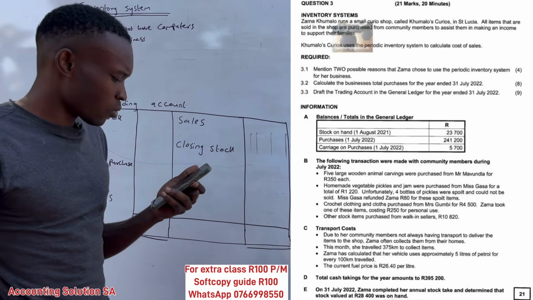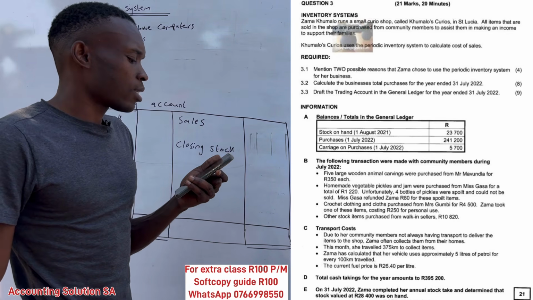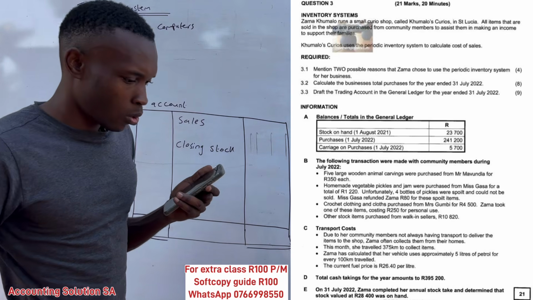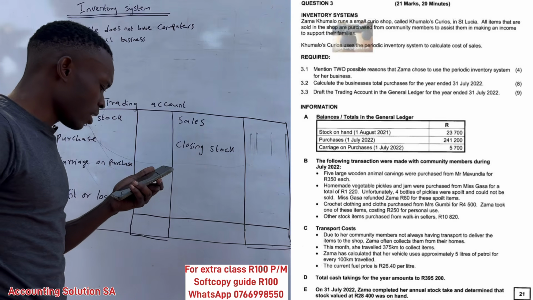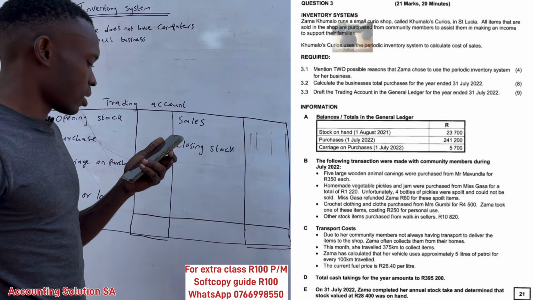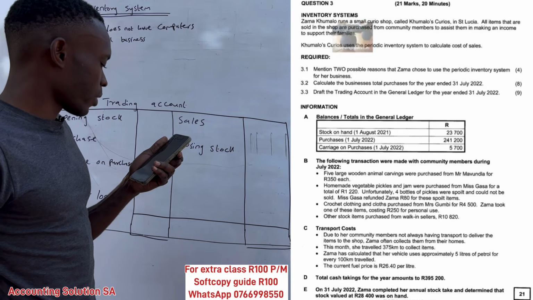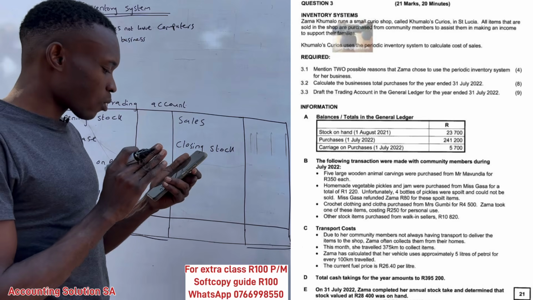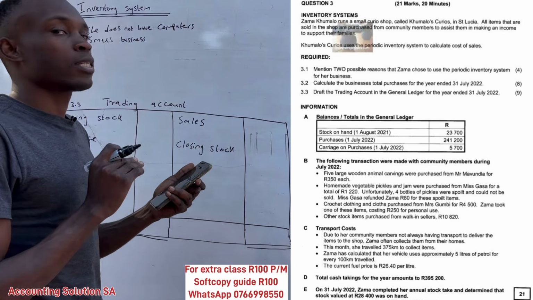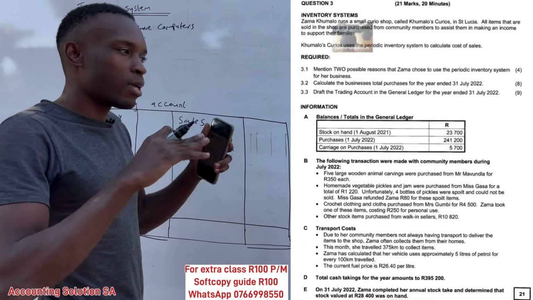Okay, 3.2. Calculate the business's total purchases for the year ended 31 July 2022. All right. With information number A, they give us the balances. They give us stock on hand, and we also have purchases and carriage on purchases. The one that we are going to take here is purchases, because we are calculating all purchases that have been made in the business.